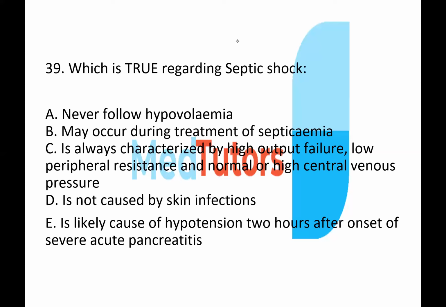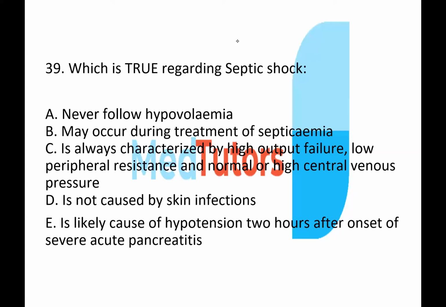It's always characterized by high output failure. Low peripheral resistance. Normal or high central venous pressure.